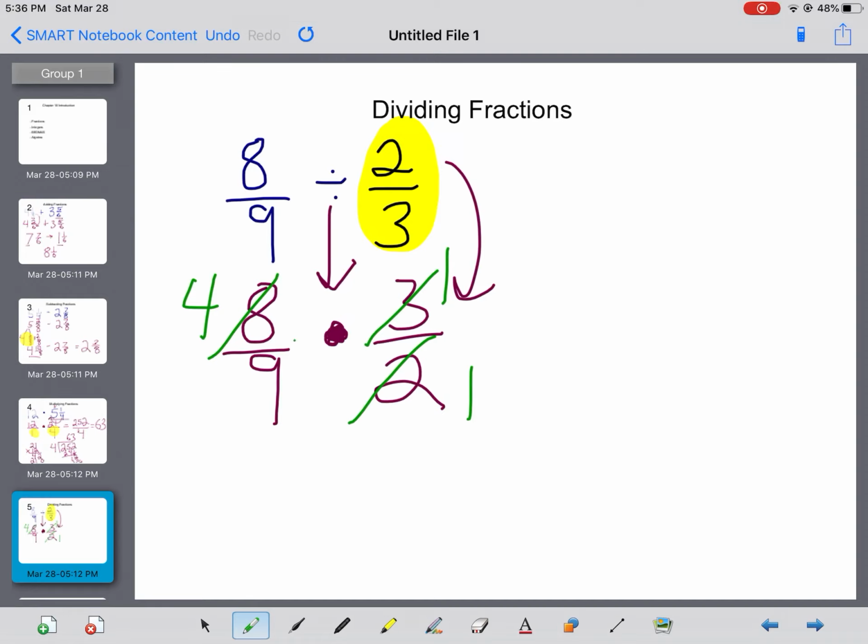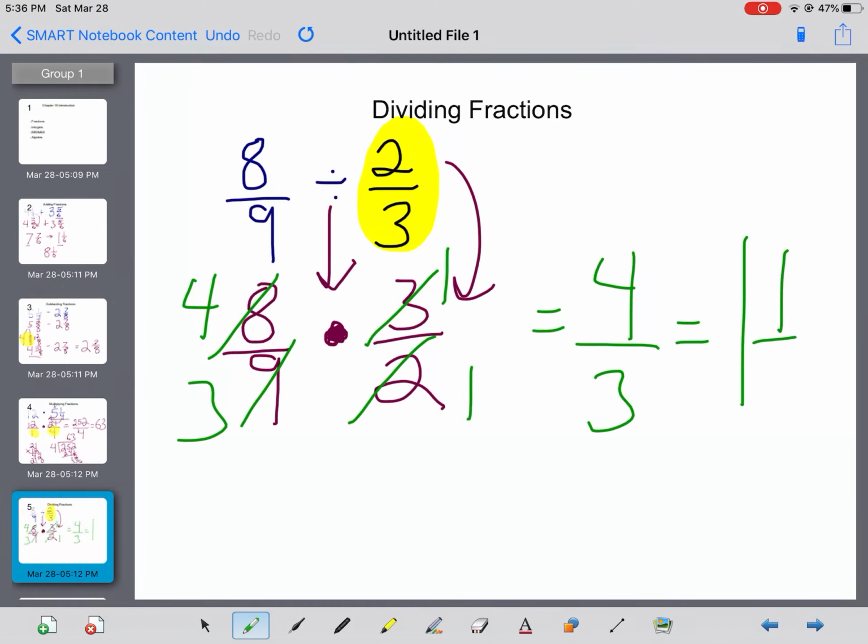Cross it out, get 1. And then I cross it out and I get 3. So now I still multiply the top and the bottom and I get 4 times 1 is 4. 3 times 1 is 3. 4/3, not done yet. I should be able to do in my head mentally that I have 1 whole and then 1 leftover third.